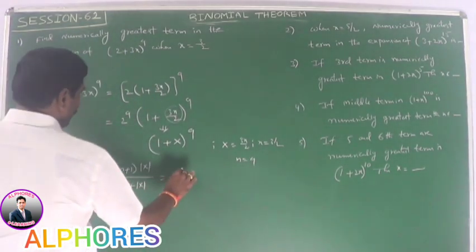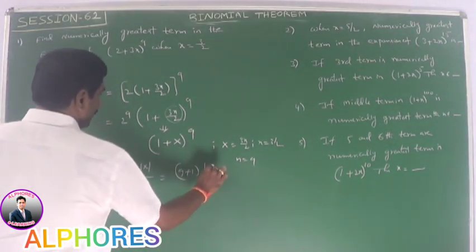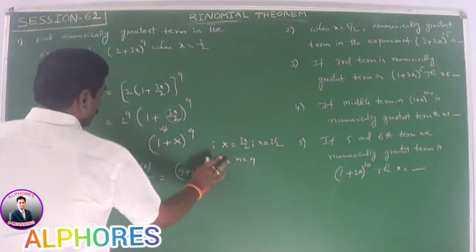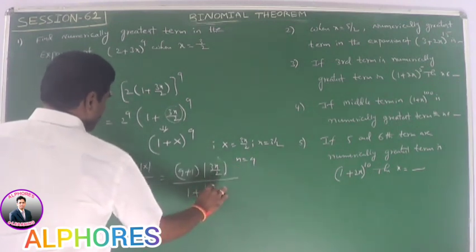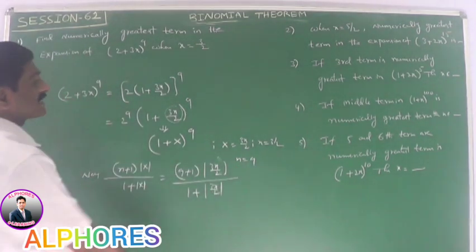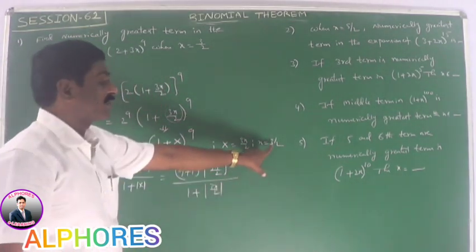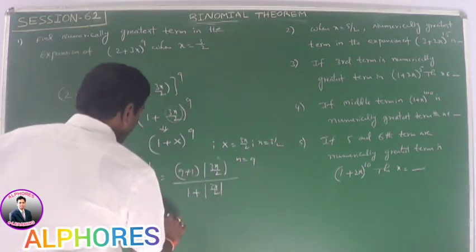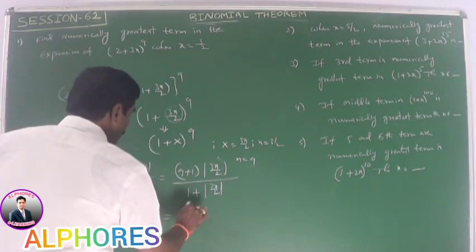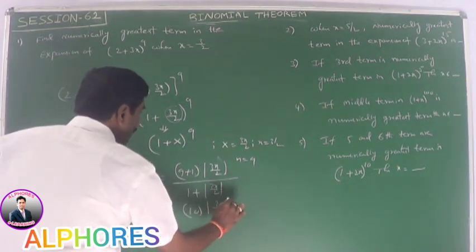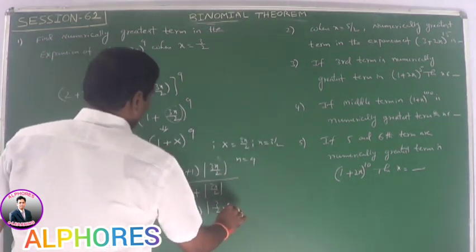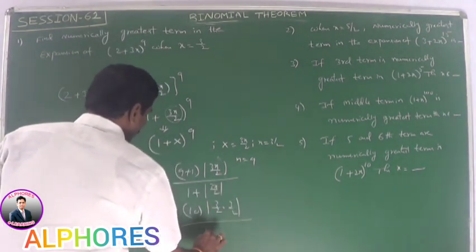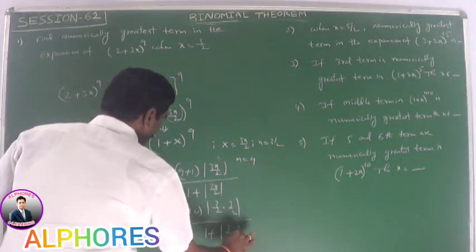Substitute these values. 9 plus 1 into mod x by 1 plus mod x, where x is equal to 3 by 2. That means 10 into 3 by 2 by 1 plus 3 by 2.